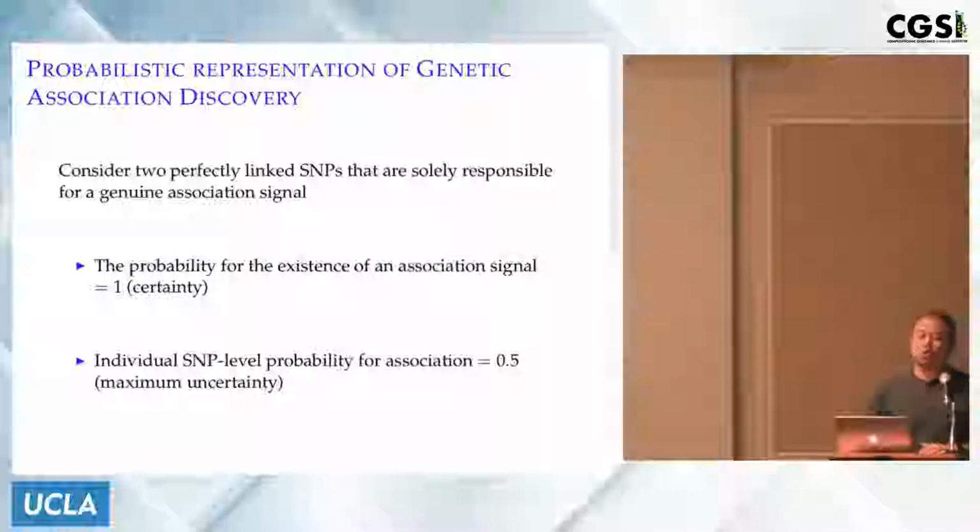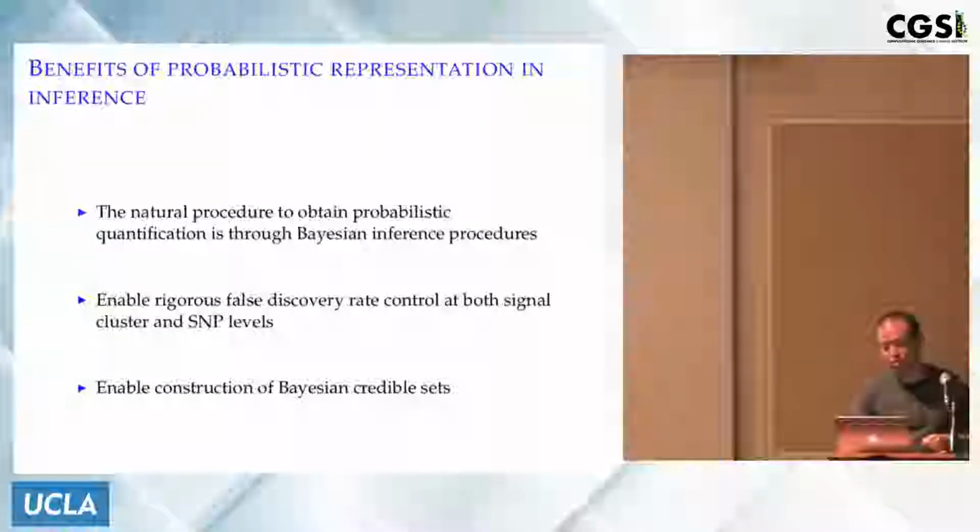In short, we're trying to build a multiple-SNP genetic association analysis program with this feature: not only telling you the SNP-level uncertainty, but also which SNPs come together and are responsible for a single cluster. So how do we do that?